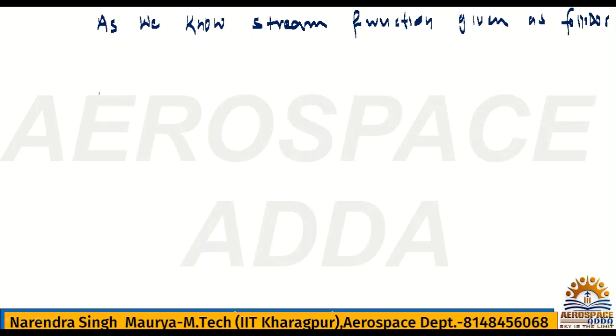What is it? It is dou psi by dou x equals v, and dou psi by dou y is minus u. This we know. Now based on this you can say this is the xy plane.